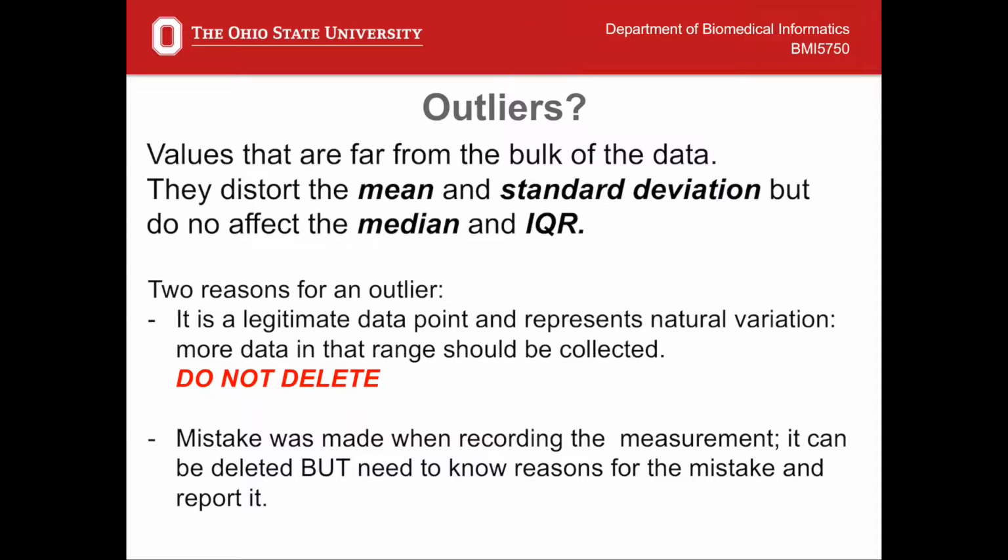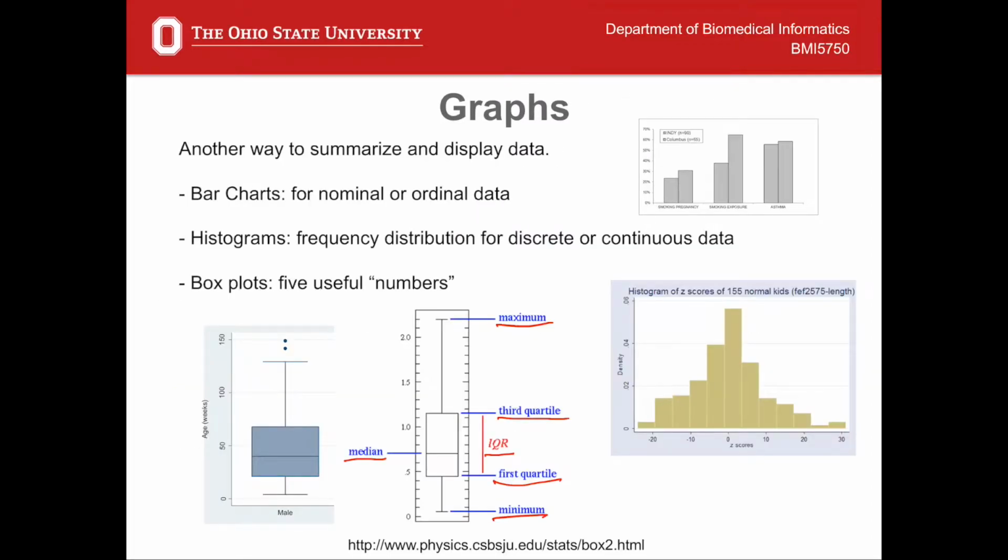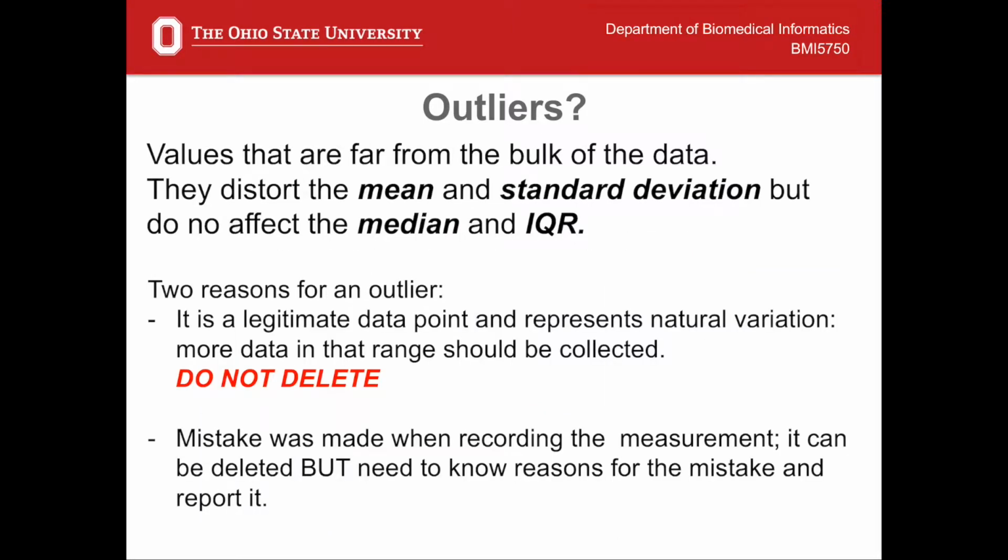They distort the mean and standard deviation, but usually do not have an effect on the median and IQR. In the box plot, we can see the outliers labeled here. There are 2 reasons for an outlier. It is a legitimate data point and represents natural variation. So in this case, do not delete them. We usually need more data in that range.